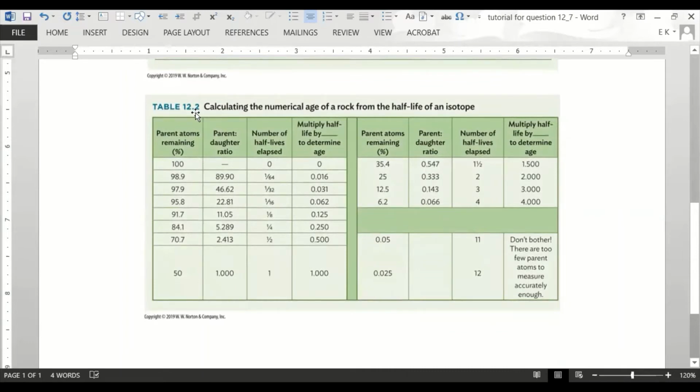So table 12.2 shows you the parent atoms remaining in percentage. It shows you the parent to daughter ratio, the number of half-lives that have elapsed, and then it gives you a formula that says to multiply the half-life by whatever these numbers are in order to determine the age of the rock.